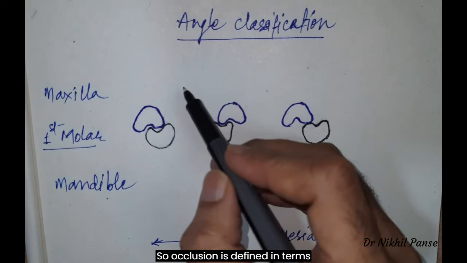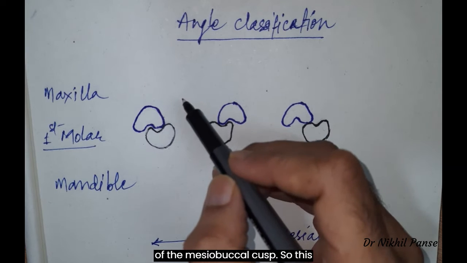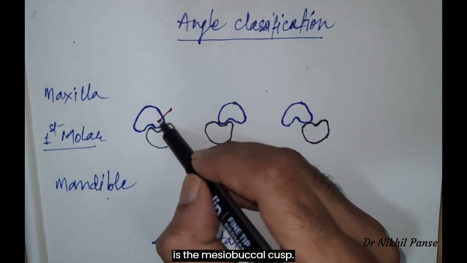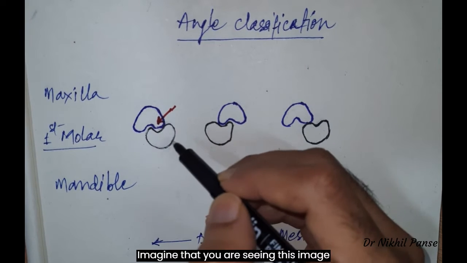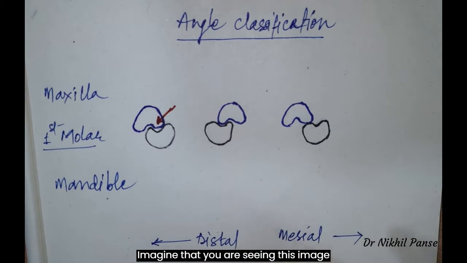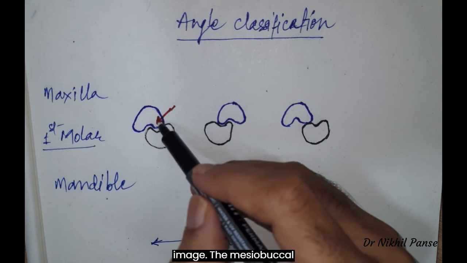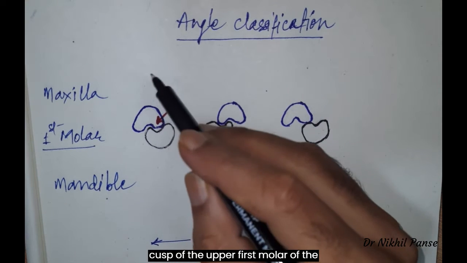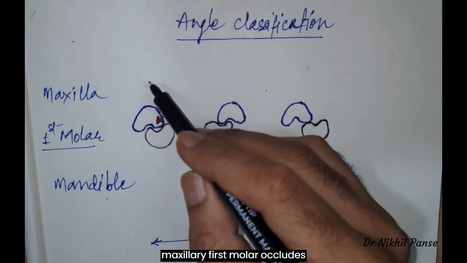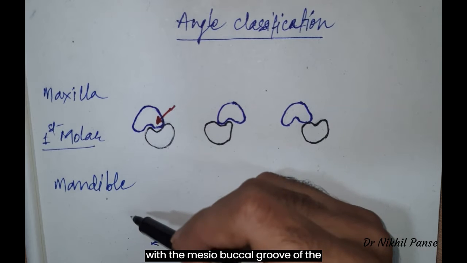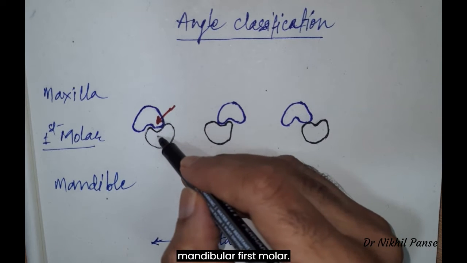Occlusion is defined in terms of the mesiobuccal cusp. So this is the mesiobuccal cusp. Imagine that you are seeing this image through the cheek, so it is a two-dimensional image. The mesiobuccal cusp of the maxillary first molar occludes with the mesiobuccal groove of the mandibular first molar.